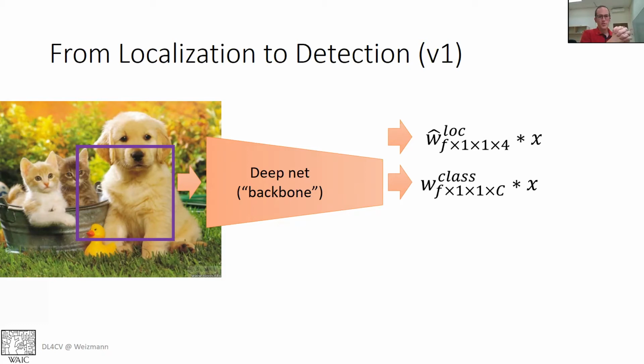So yes, this V1 detection using the fully convolutional network is much more efficient than cropping and feeding what we had in V0. But still, we are restricted to regions of the size of the receptive field.